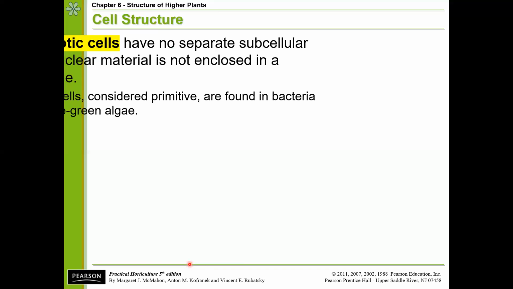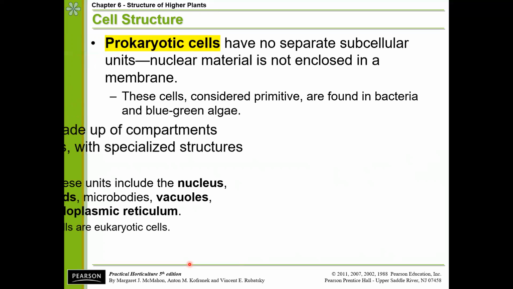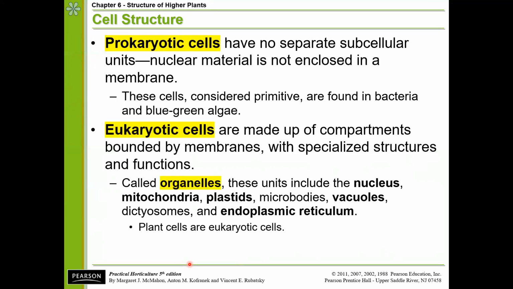In plants, we have both prokaryotic and eukaryotic cells. Prokaryotic cells are those that don't have any separate subcellular units, and they're not enclosed in a membrane. We think of those as primitive, so we really only see them in the plant world in things like algae.